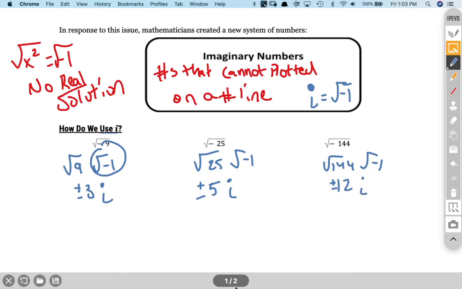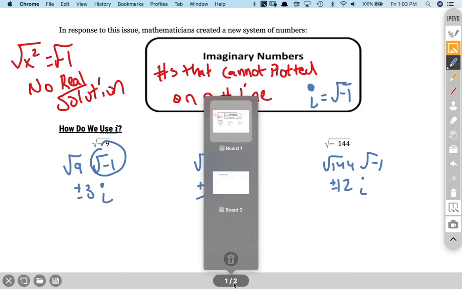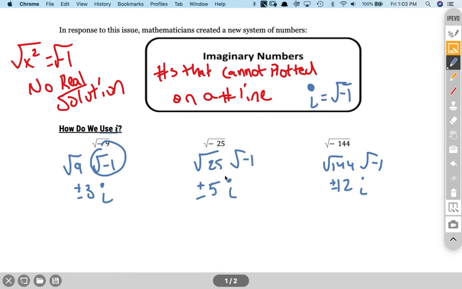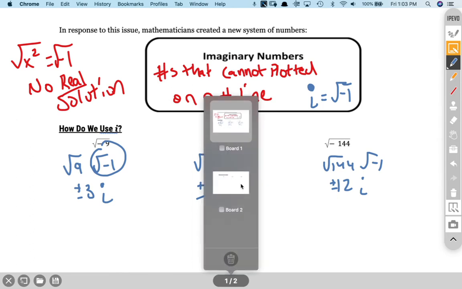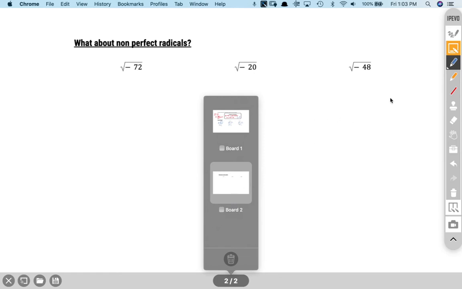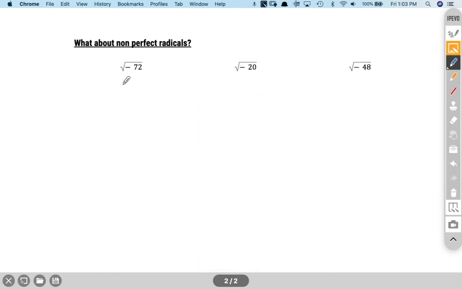Now, what happens when the radicals aren't perfect squares? For example, the square root of 72 is not a perfect number.